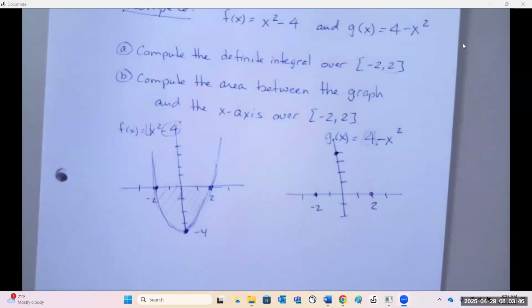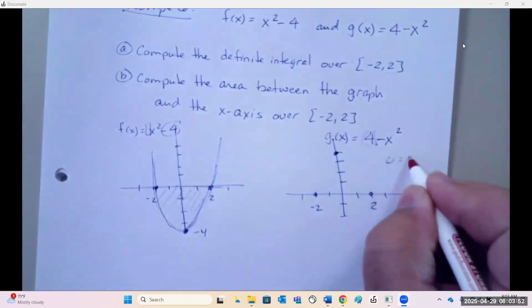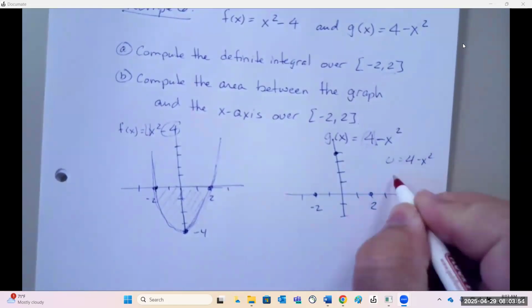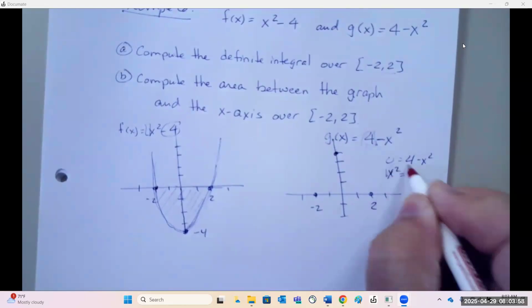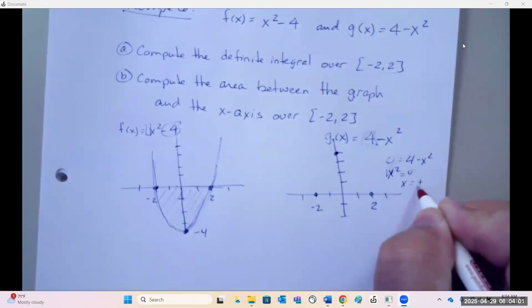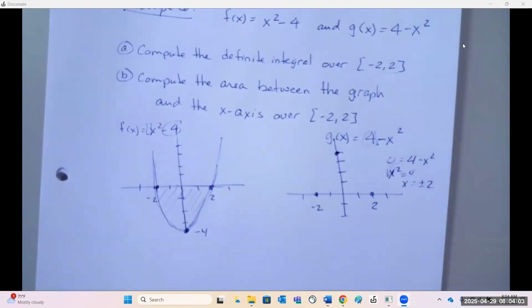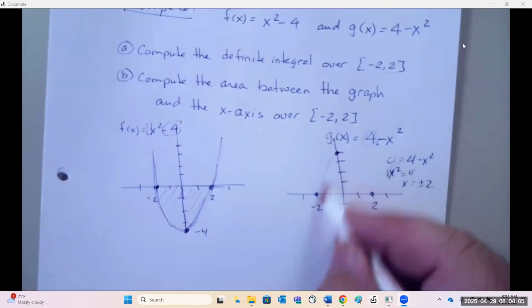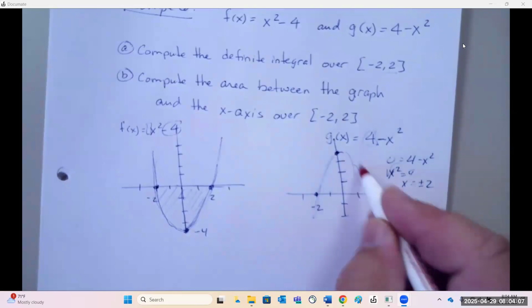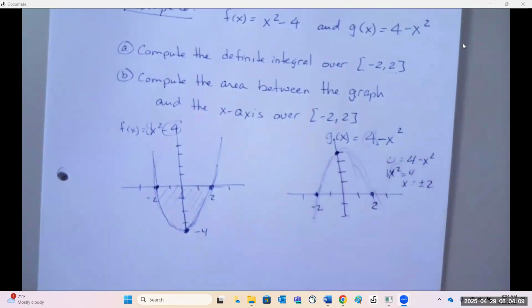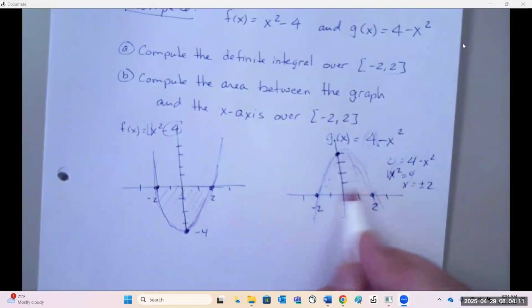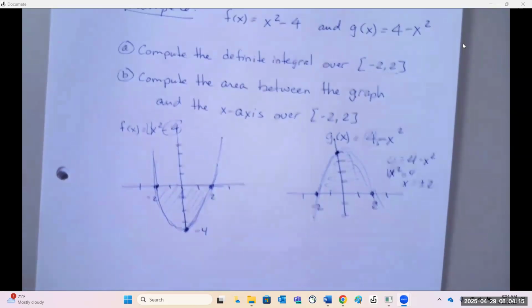How do I find my x-intercepts? Set it equal to 0. So we have 4 minus x squared, so x squared equals 4. Square root both sides. X equals plus or minus 2. Those are my x-intercepts. And I'm looking at the area under the graph to the x-axis. That's the area we're looking for.